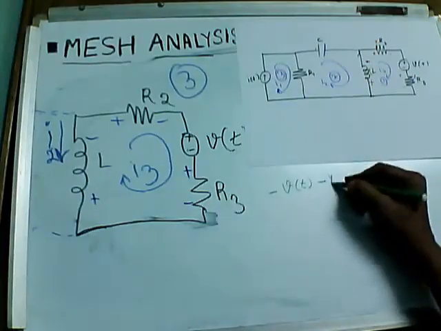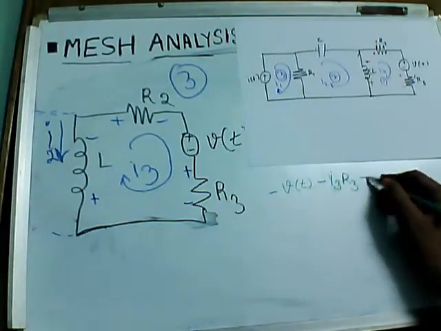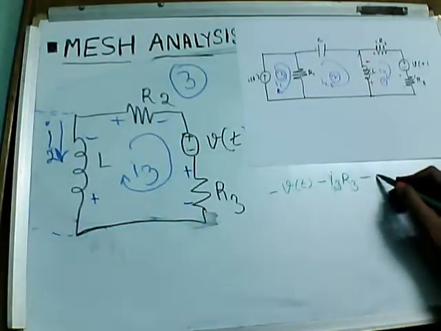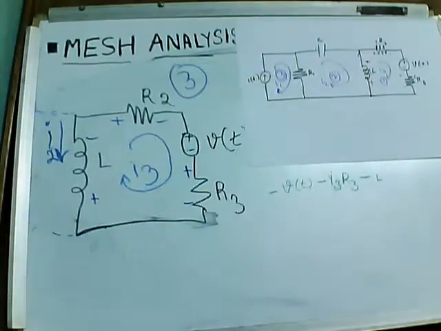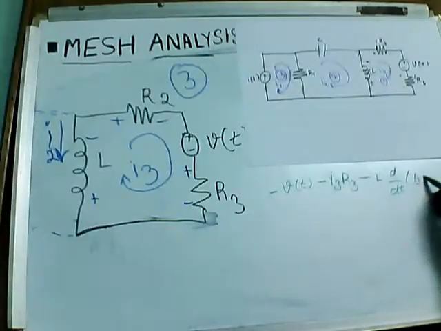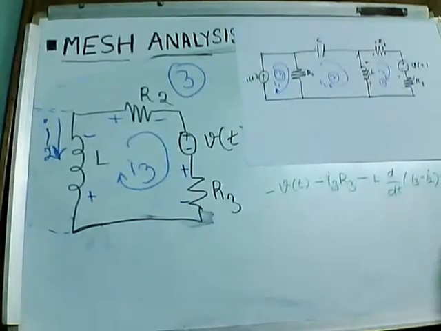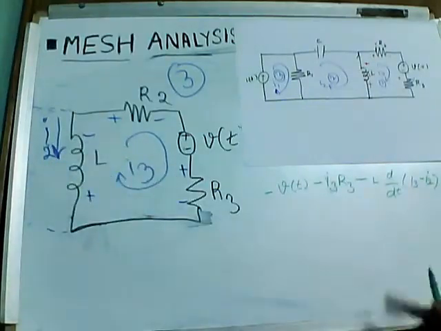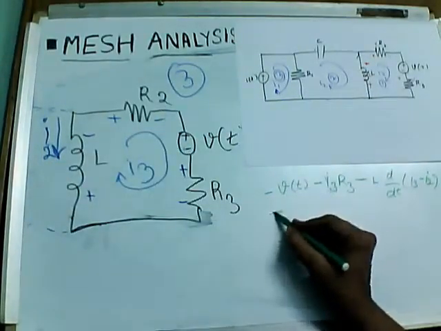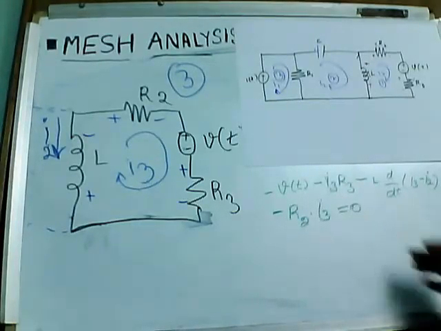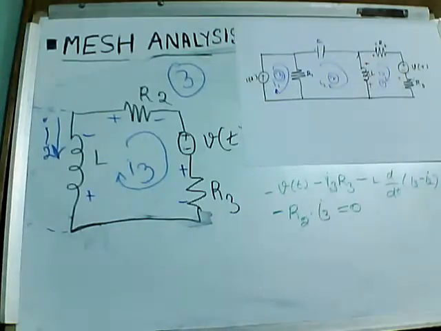Voltage in R3: I3 into R3, minus, because of the voltage drop, L into d by dt of (I3 minus I2). Again we have R, no? That is minus R2 into I3 is equal to 0.